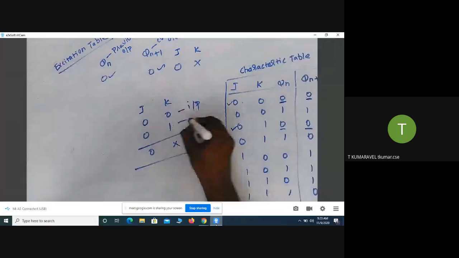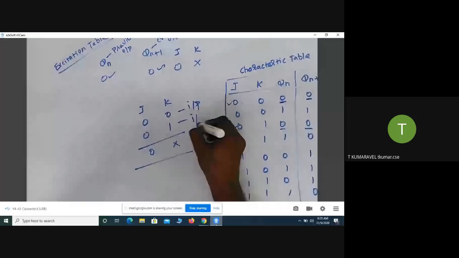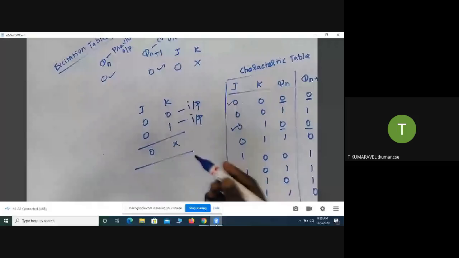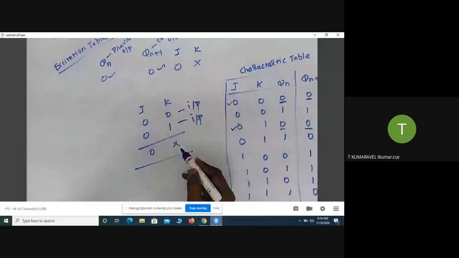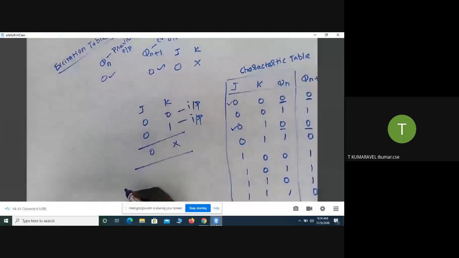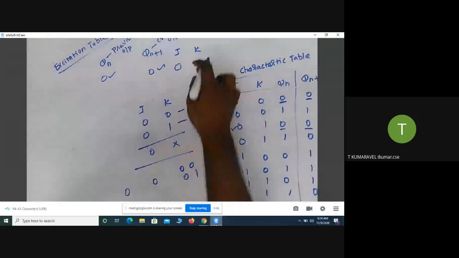Here J is similar, but K is varying. If K is varying, that can be represented as a don't care condition. What is the meaning? If the previous stage output is 0 and the current output is 0, the input combination is either 0 0 or 0 1. That can be represented as a don't care condition. Is it okay for you?